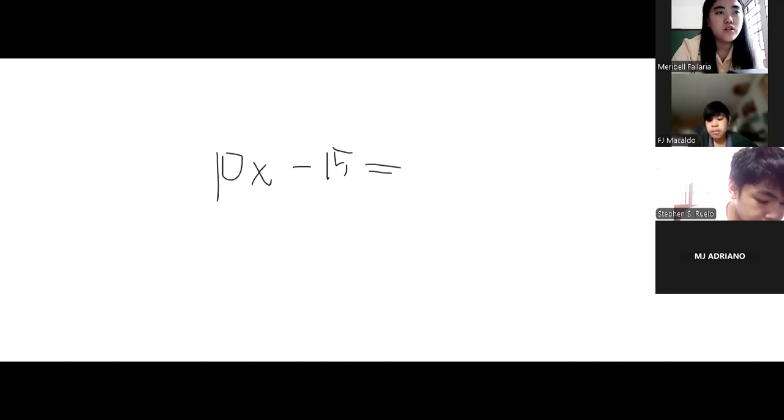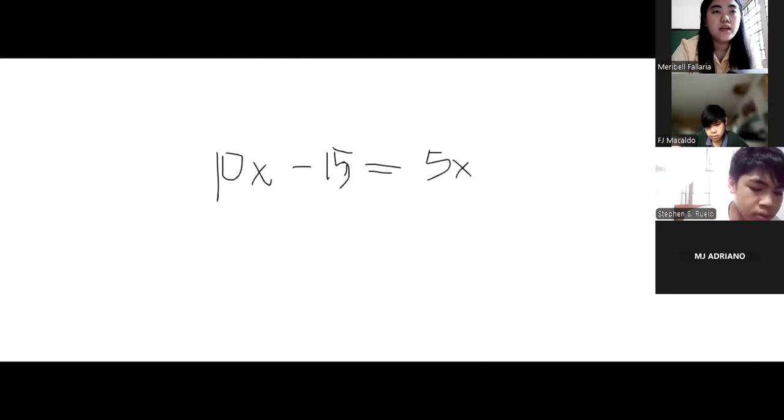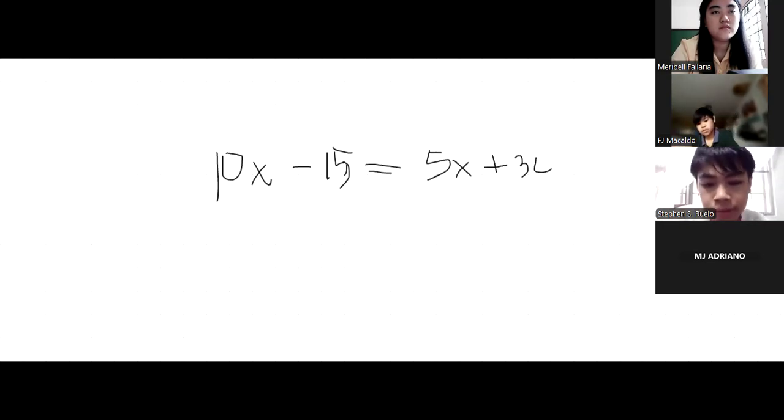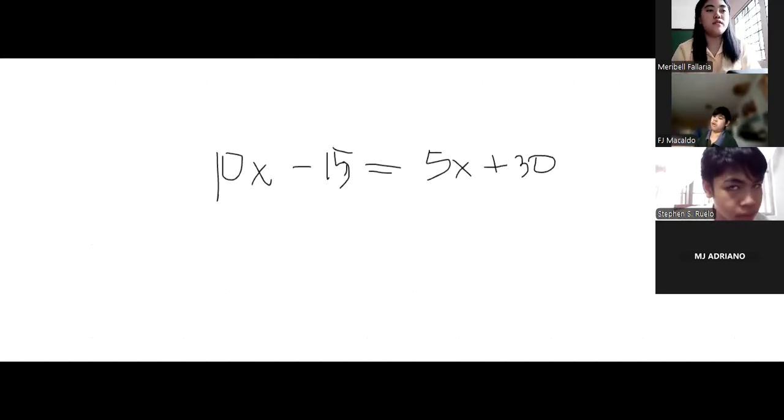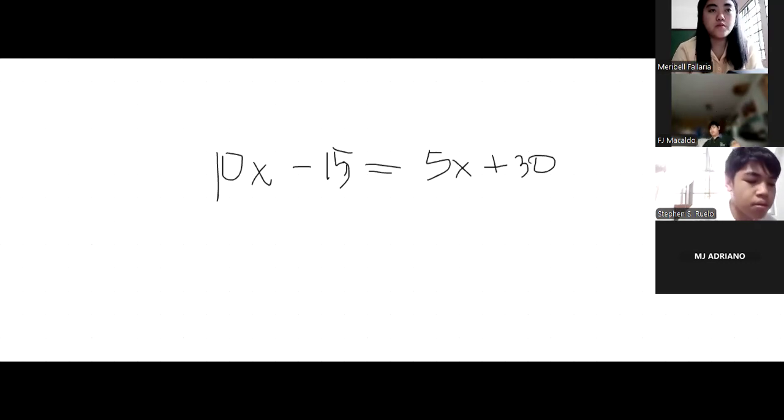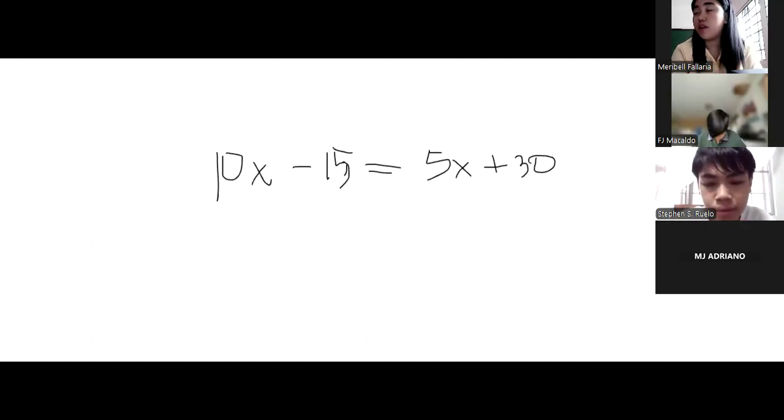Try this in your notebook. 10x minus 15 is equal to 5x plus 30. Ayan. So try this in your notebook.